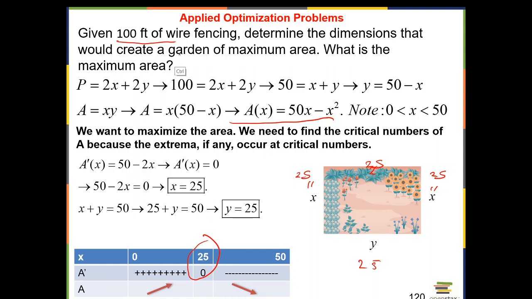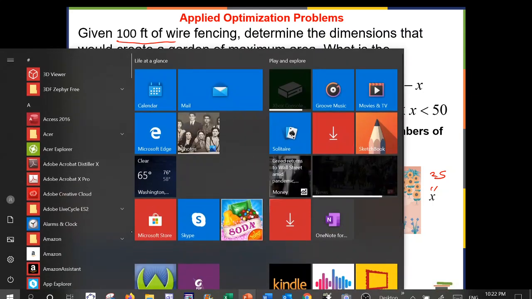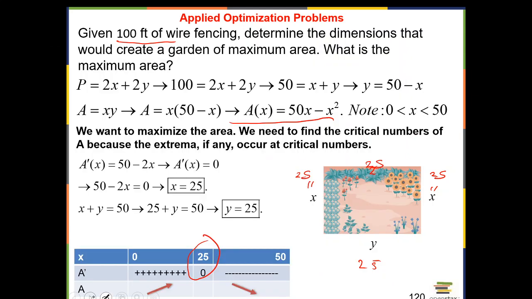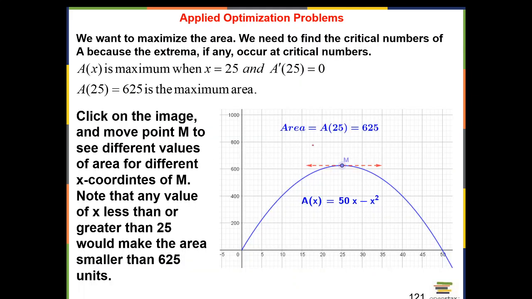Next time you're given 100 feet of wire fencing, and you have to just enclose an area that is yours, that's what you do, right? So a square maximizes this here. Right, so let's continue.